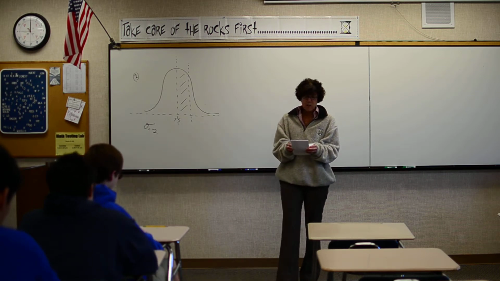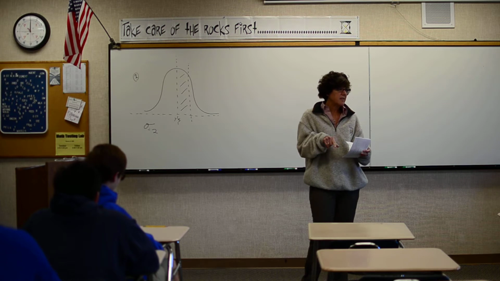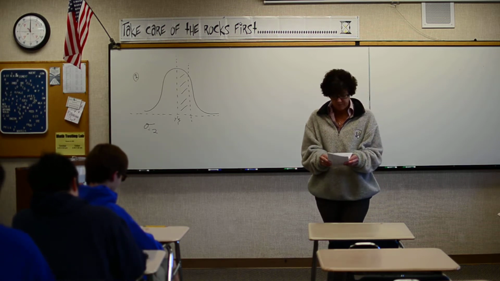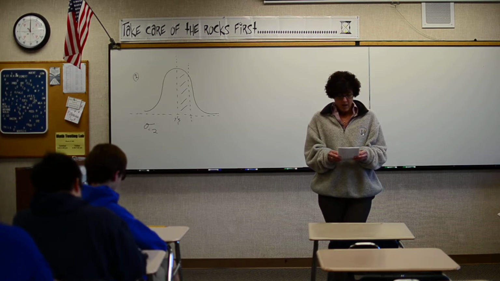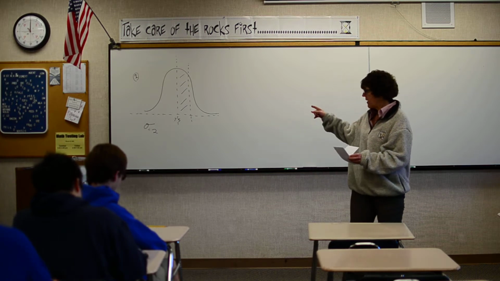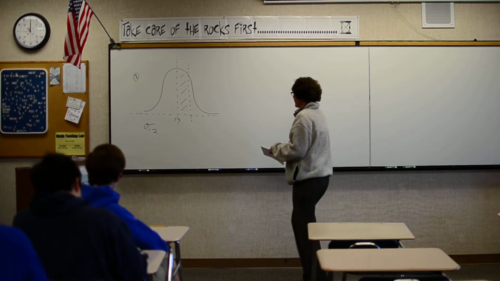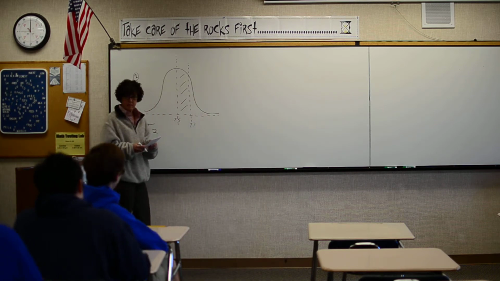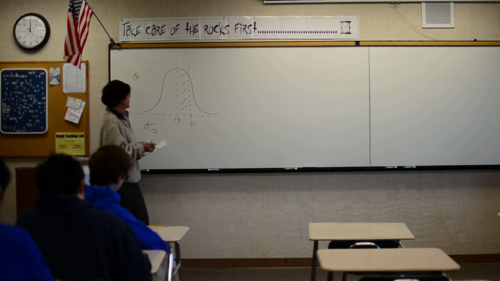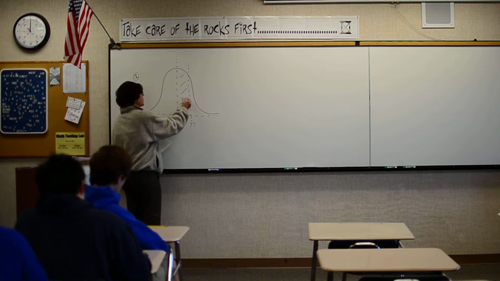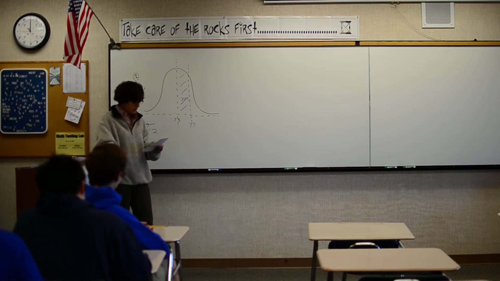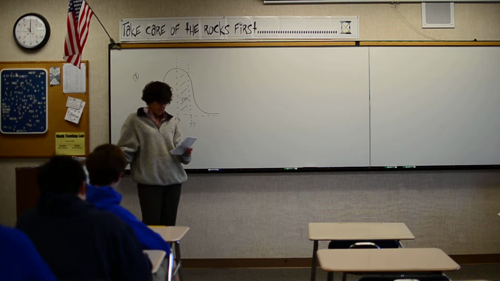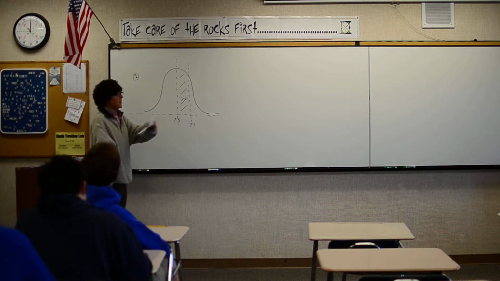Okay, z is equal to the raw score x minus mu, the mean, over the standard deviation. That z value is 77, right? Yes. Okay, approximately 34% of the data is between the mean and one standard deviation in the positive direction. 50% is underneath half the curve.